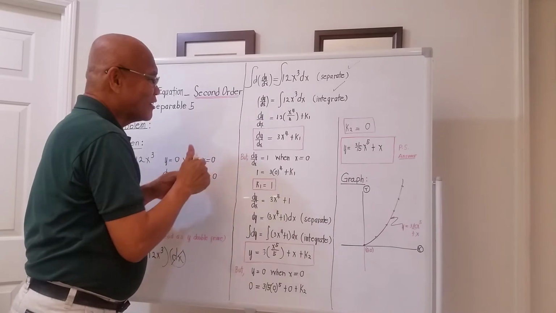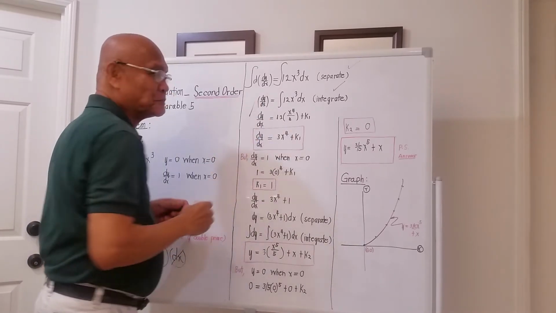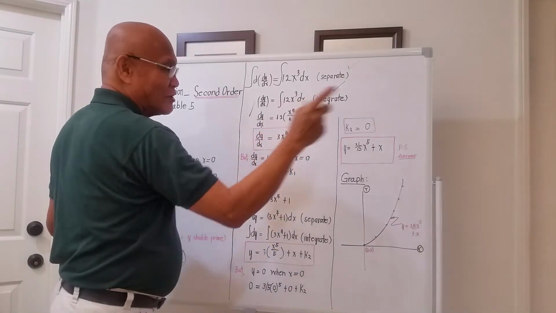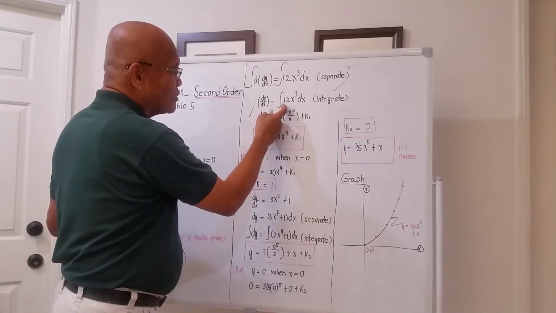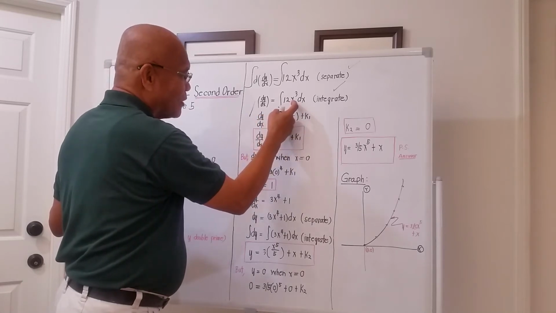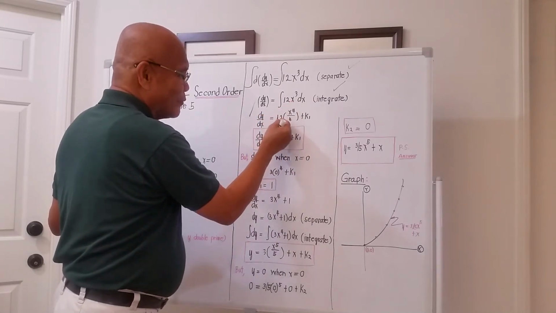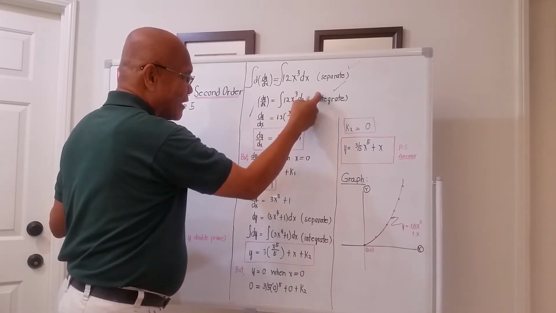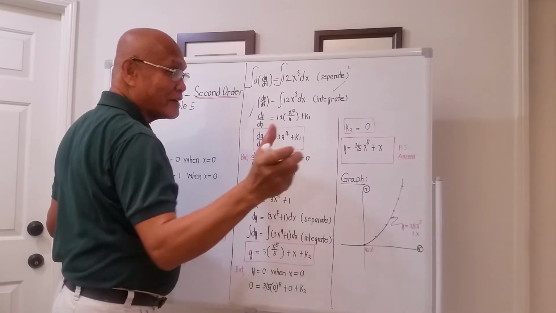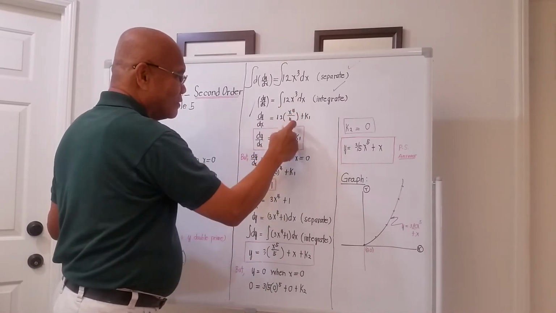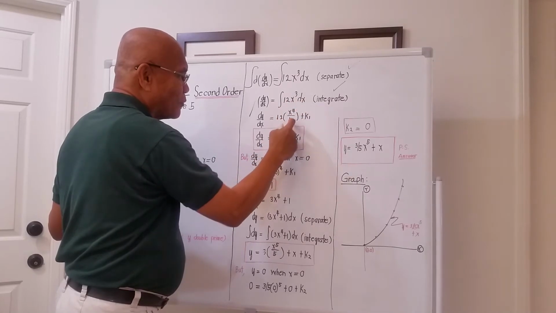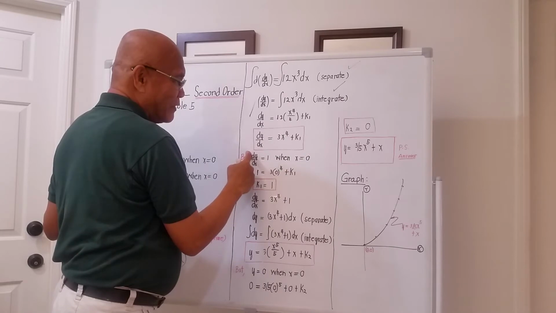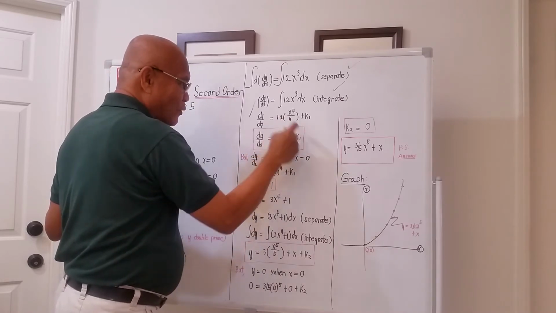So what will come out on the left hand side will be dy/dx, equal to the right hand side, which is integrable: a constant times the power function. We bring out that 12, and the integral of x cubed dx falls under the power formula. Easy money, guys. x to the 4 over 4, 3 plus 1 is 4, over 4, plus k1. dy/dx now will be 3x to the 4 plus k1.